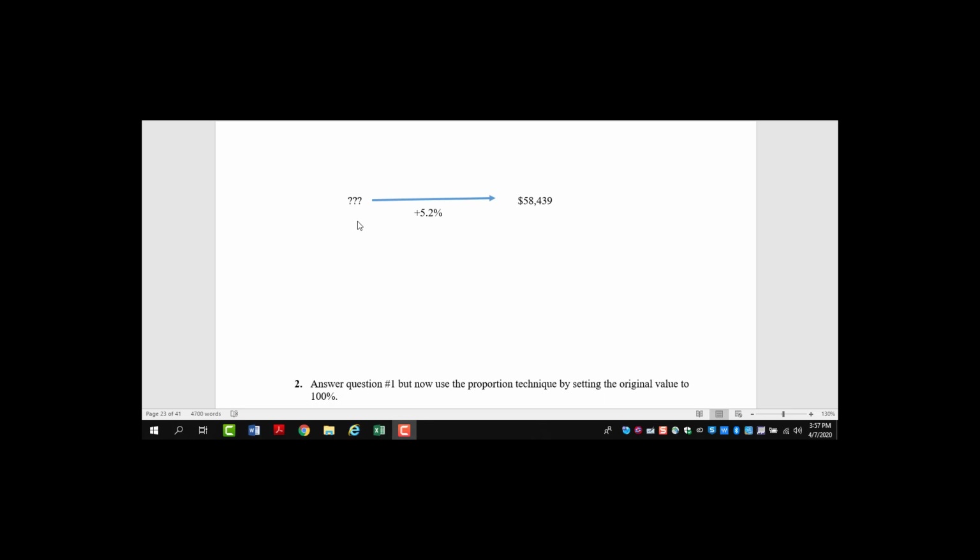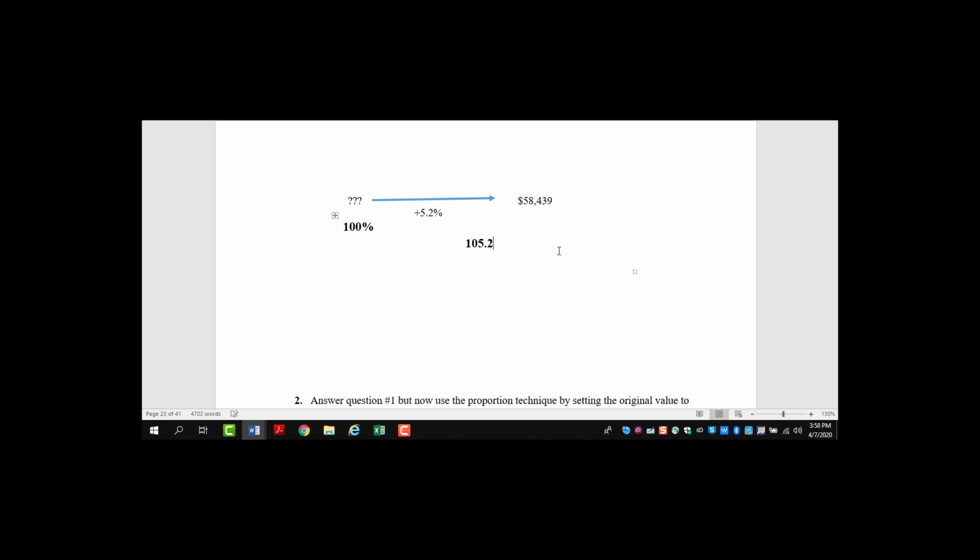I'm going to back this up and we'll do the last part with the proportion. So here's how we can do this with the proportion. This is the starting amount, which is 100% of the amount. And then the amount went up by 5.2%. So I can call this 105.2%.